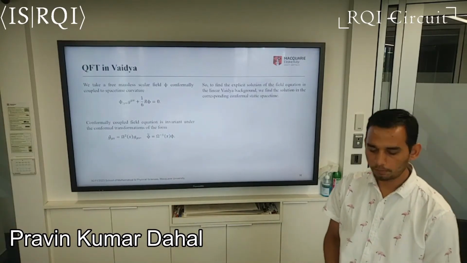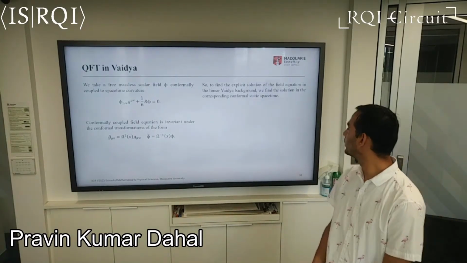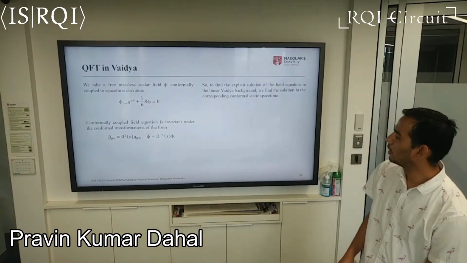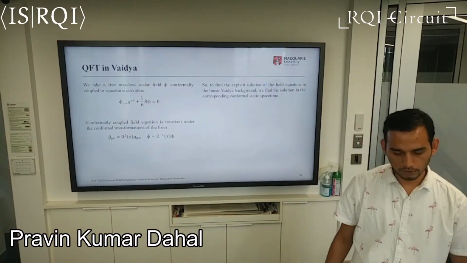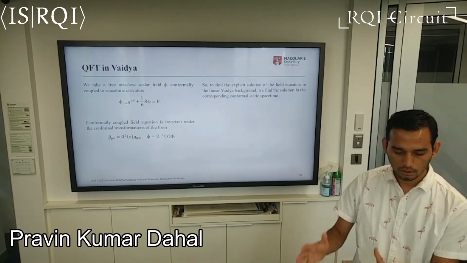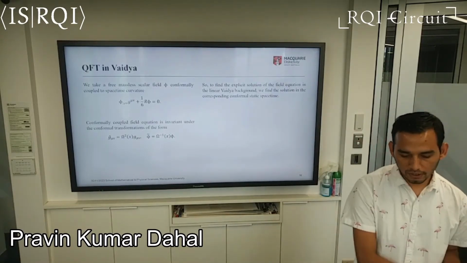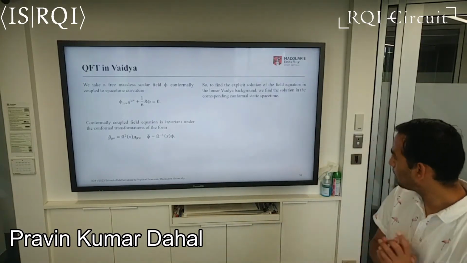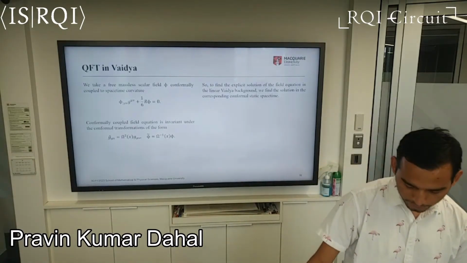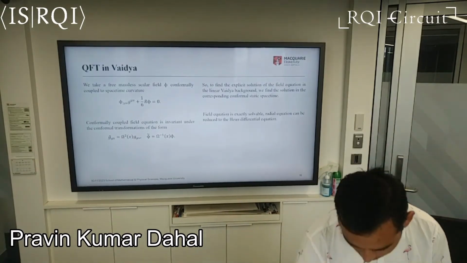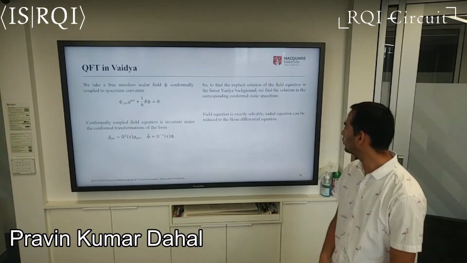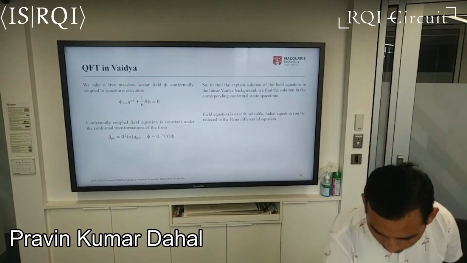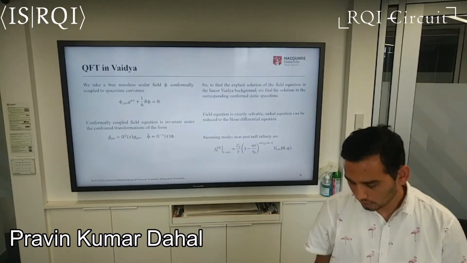So to find the explicit solution of the field equations in the linear Vaidya background, we first find the solutions in the static background, and thus we have reduced the dynamical problem to a static problem, and by these conformal transformations we transform back into the dynamical case. In that static background, the field equations are exactly solvable and can be reduced to Heun differential equations.